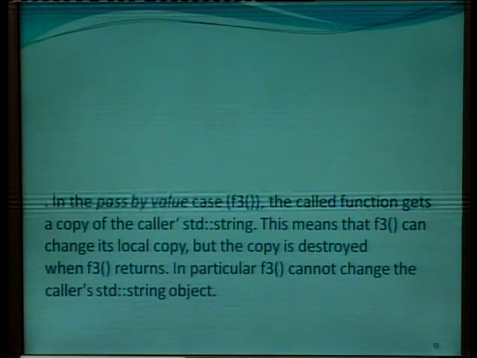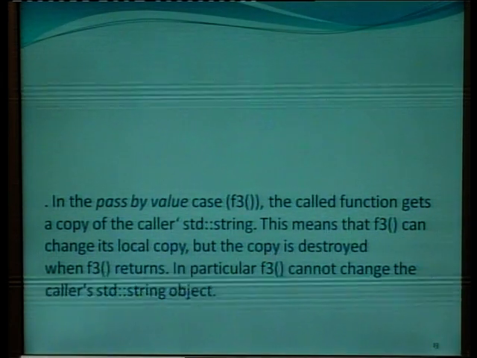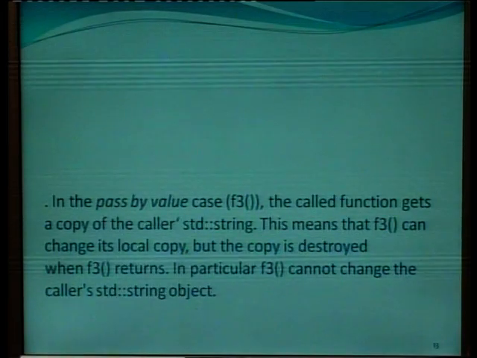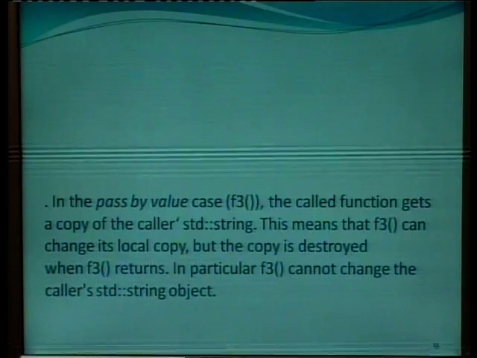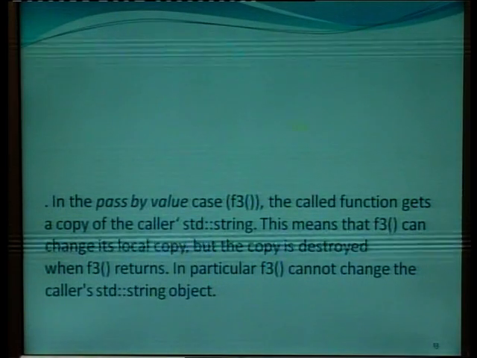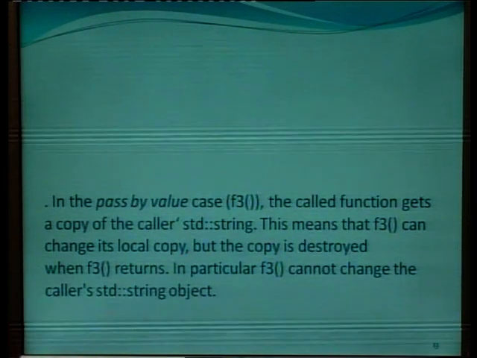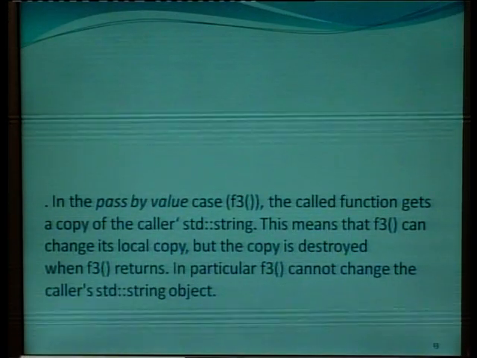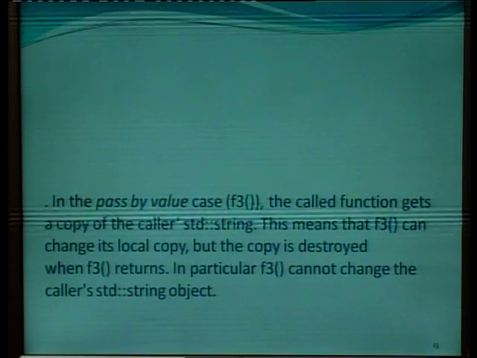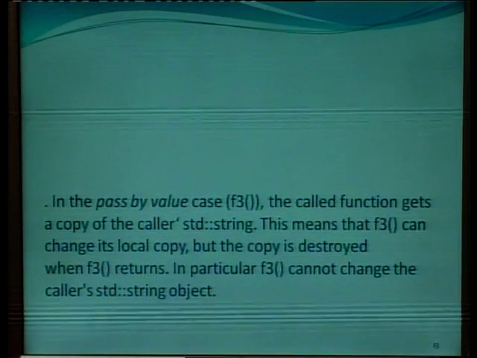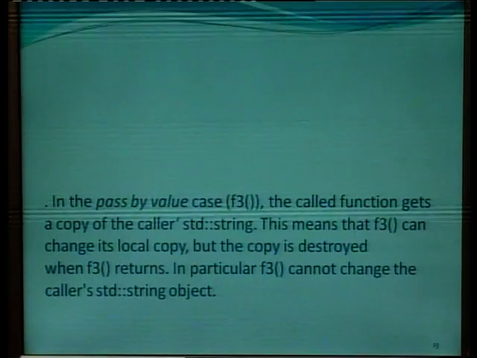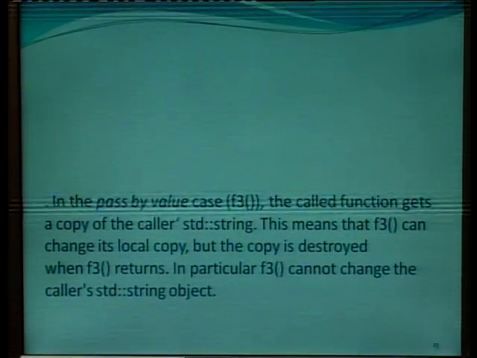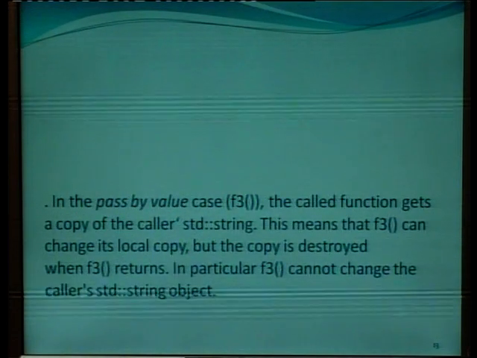So, within the local parameter your copy can change, but the copy is destroyed when f3 returns. Whatever change is made at the local level, when the caller calls that function, the copy is destroyed when f3 returns. In particular, f3 cannot change the caller's standard string object.